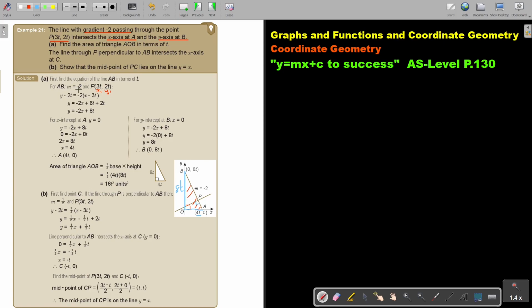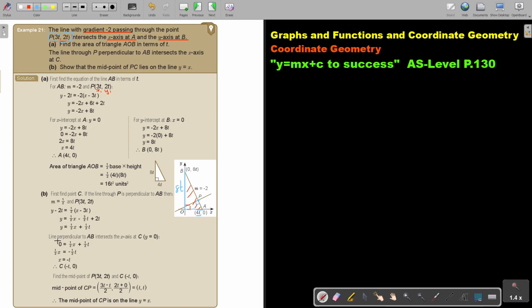Sorry, I'm just looking for P. Okay, suddenly I found it. So there's P, and I'm finding this equation now. I substitute P in because it's going also through P, just with a different gradient, and this is again in terms of t.